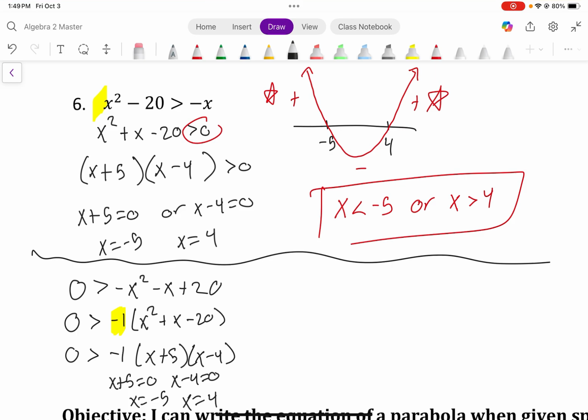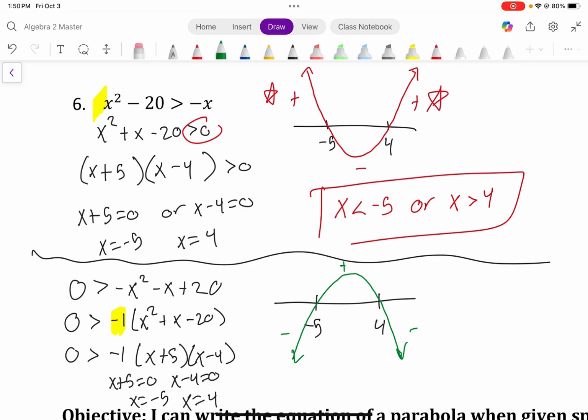That stuff is literally the exact same thing. My number line, the exact same thing. But now because my a value is negative, I'm going to have a parabola that opens downwards.